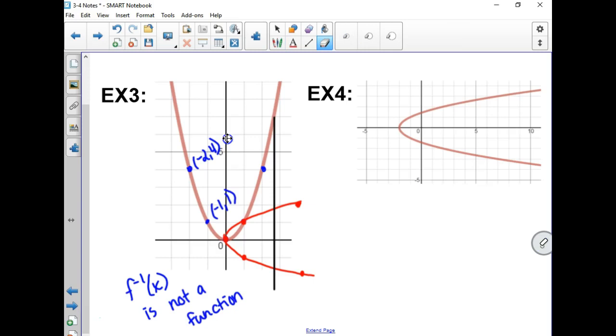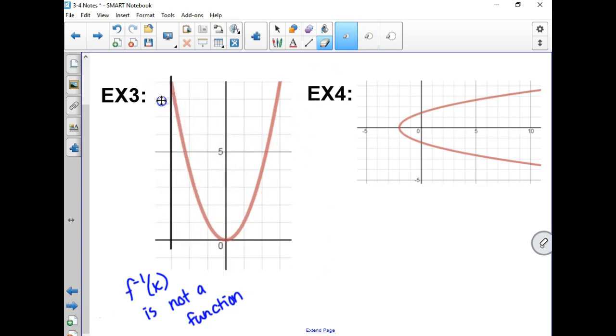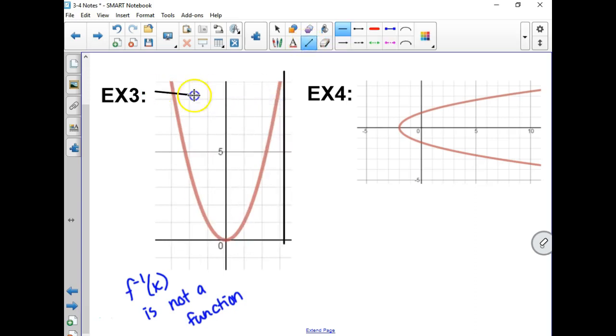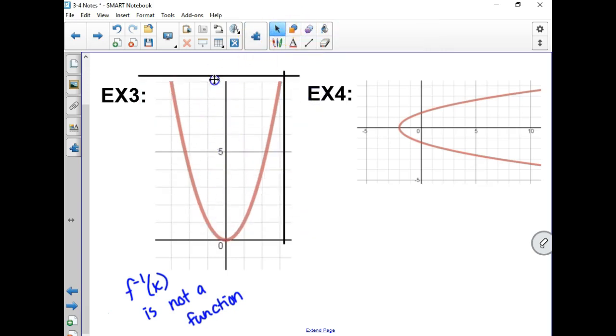So the way that we can tell without looking at these points is that we know a vertical line test tells us whether or not it's a function. If we do a horizontal line test, it tells us whether or not the inverse is a function. So you can see here that this does not pass a horizontal line test, so the inverse is not a function.